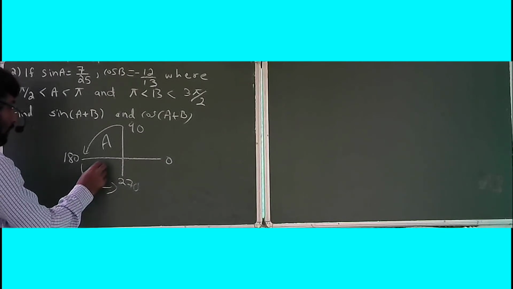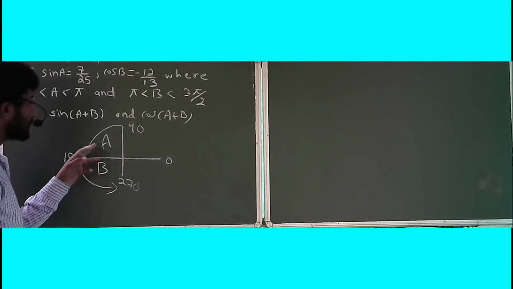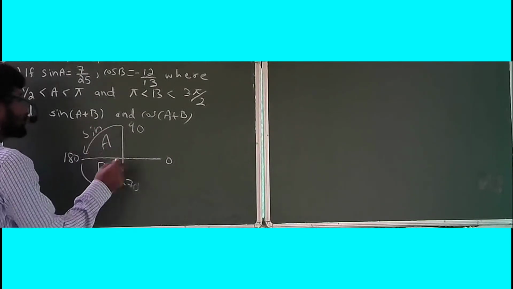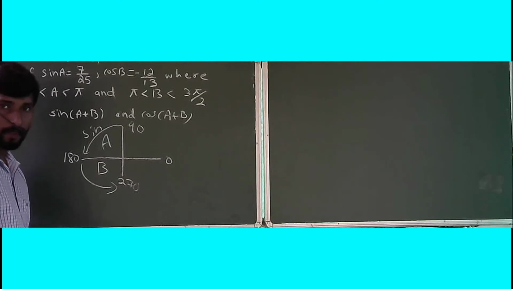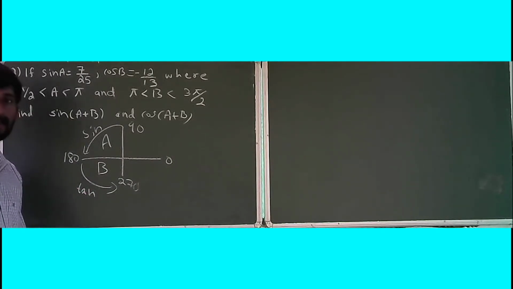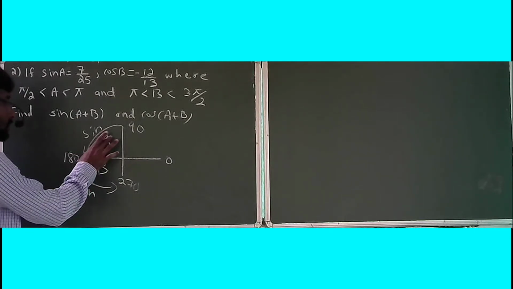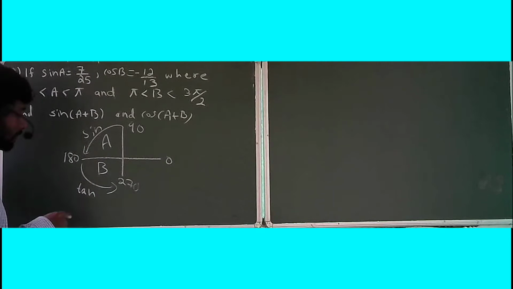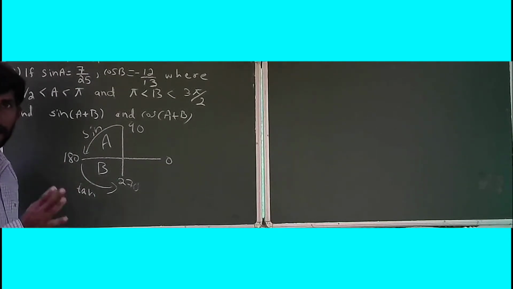That means B belongs to the third quadrant. We know in the second quadrant, the sine function and its reciprocal cosecant are positive. In the third quadrant, tan and its reciprocal cot are positive. That means in the second quadrant, sine is positive, and in the third quadrant both sine and cos are negative. Tan is only positive, okay, and their corresponding reciprocals.